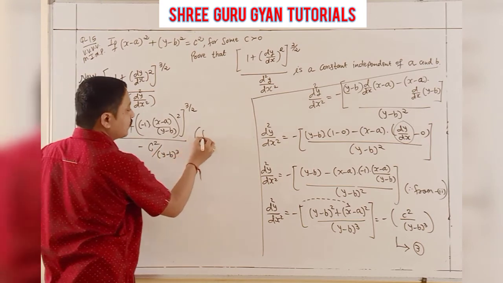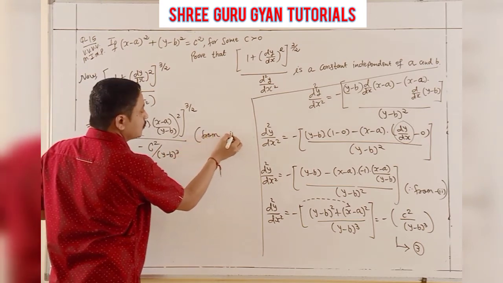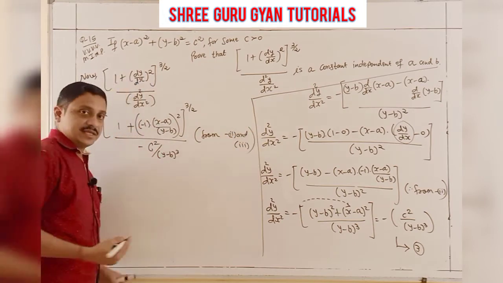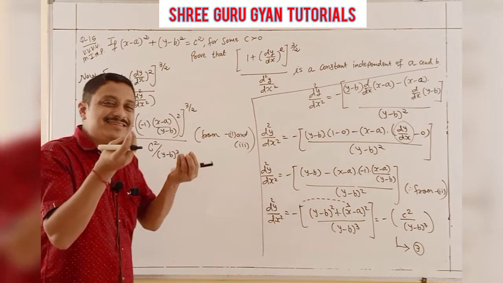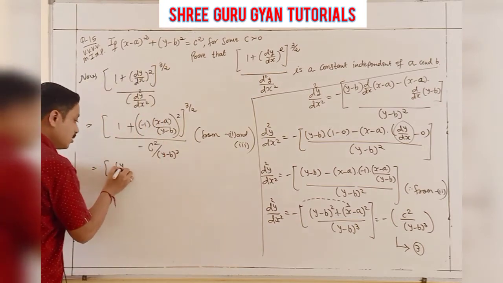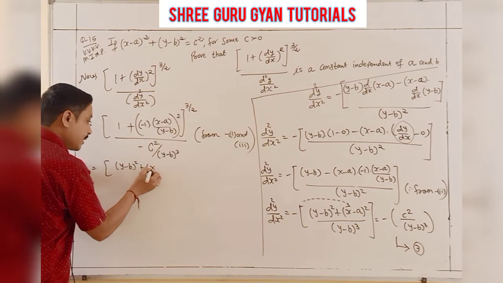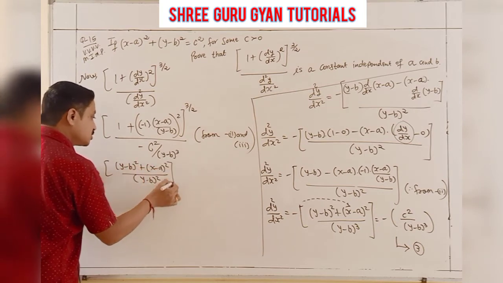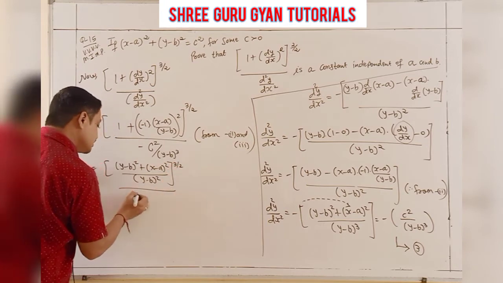Here mention from 2 and 3. Yes students, now it's very easy. Take out the LCM. So minus, here the LCM is (y minus b) whole square, (x minus a) whole square upon (y minus b) whole square, raised to the same power.